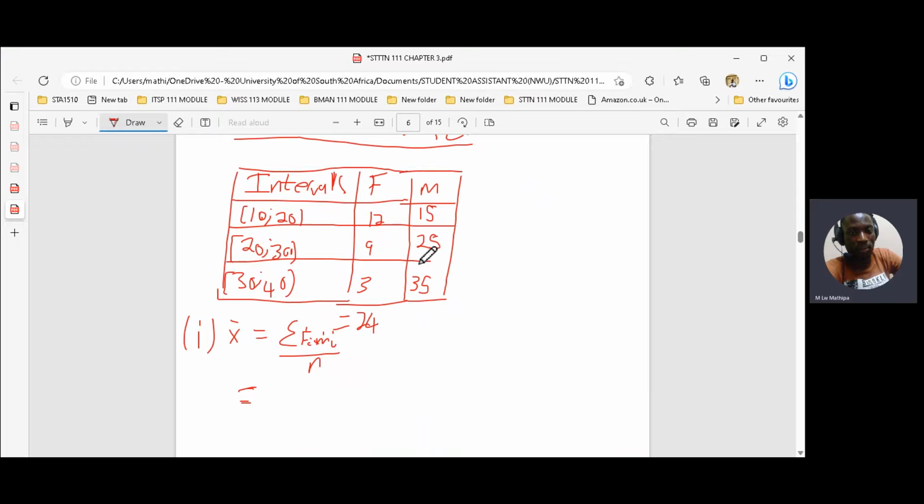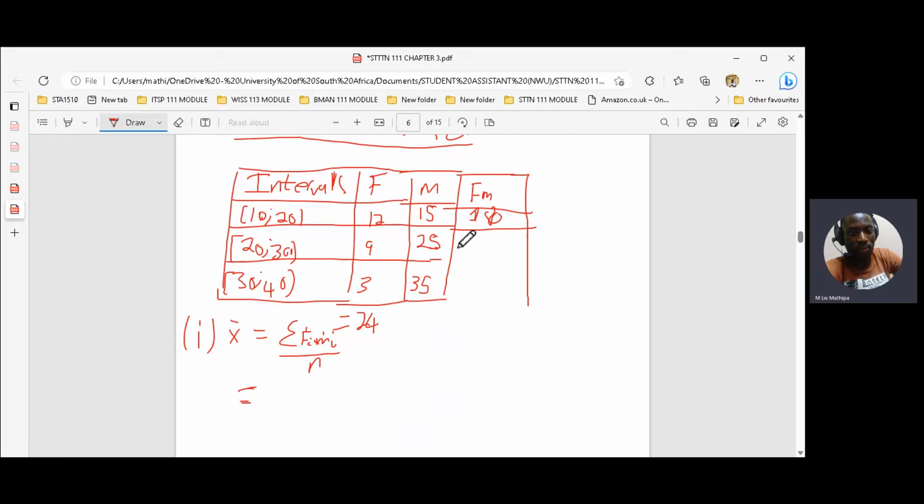Already we're given that. But they say the summation here, it means that we have to add another column for frequency multiplied by the midpoint. Which now will have something like 12 multiplied by 15, which will give you 180.